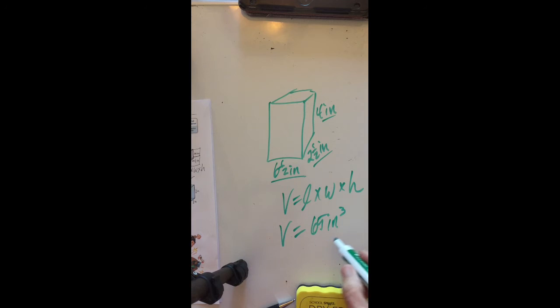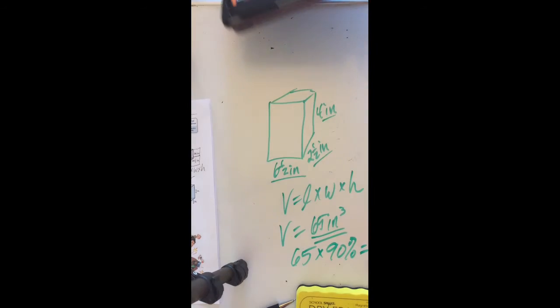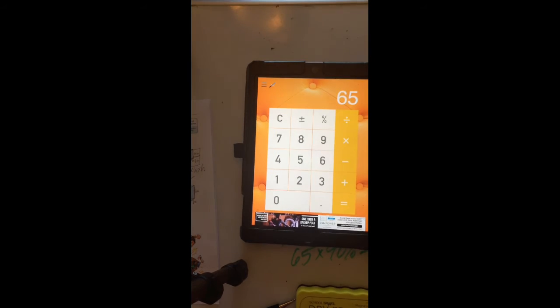Okay, so you should have gotten 65 cubic inches as the volume, but the problem says that only 90% of the box is going to have juice in it. So if you take the volume of 65 and multiply it times 90%, that will give you the volume of juice in the box. So how do we do that in a calculator? Well, 90% is the same as 9/10, right?